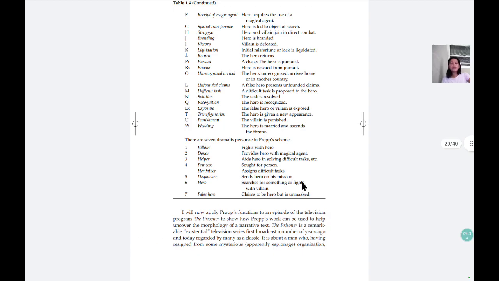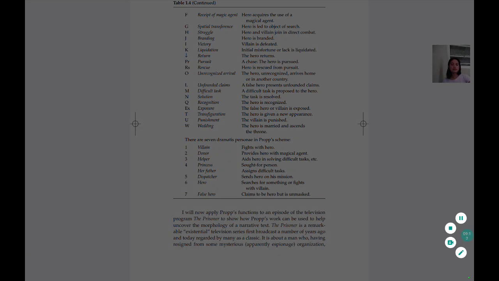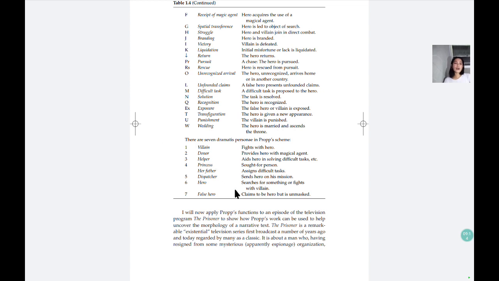So we will now apply Propp's functions to an episode of a television program, The Prisoner, to show how Propp's work can be used to help uncover the morphology of a narrative text.